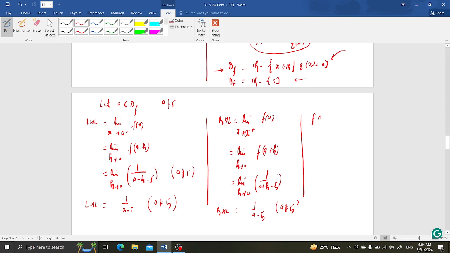And the function value at a is 1 upon a minus 5. This is your first, second, and third equation for this part.